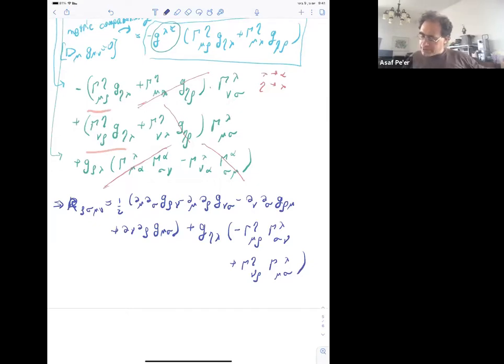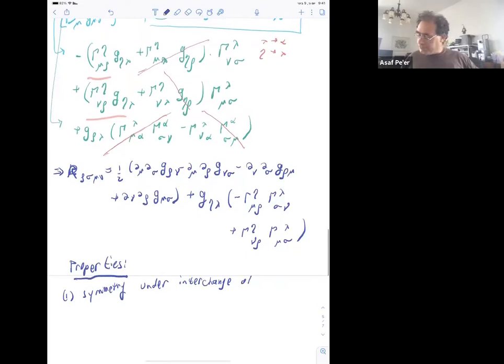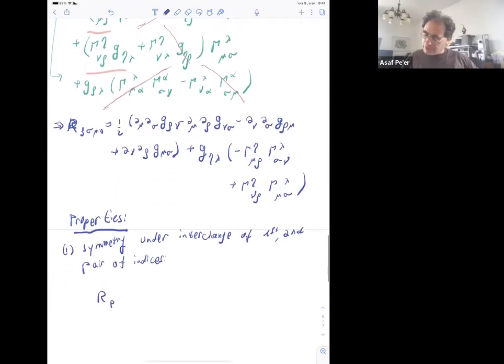The first is that we have a symmetry under interchange of the first and second pair of indices. So R rho sigma mu nu is equal to R mu nu rho sigma.